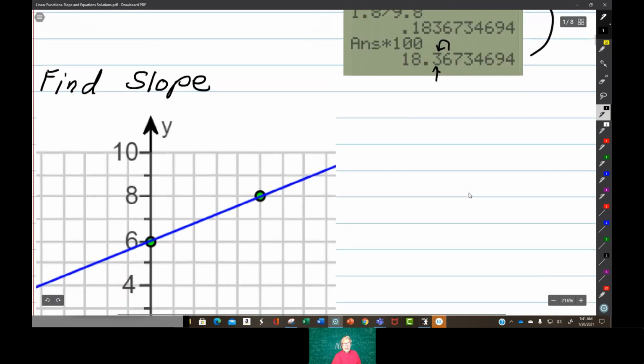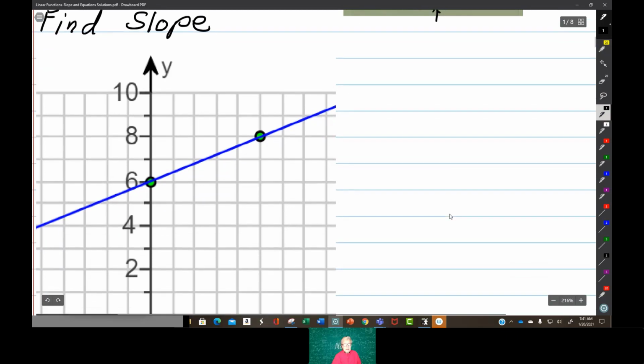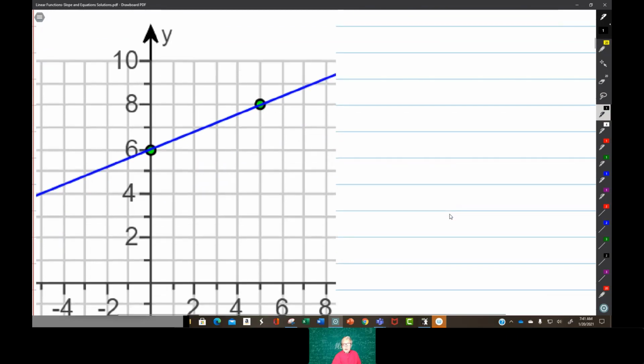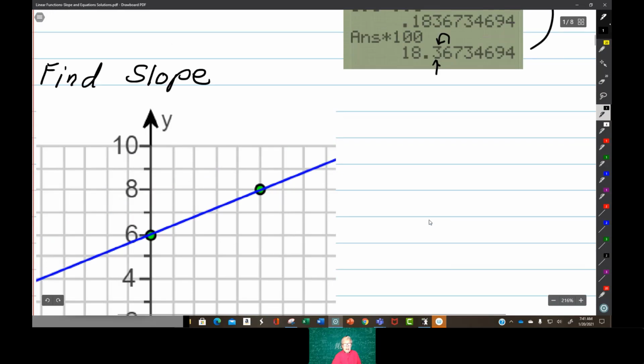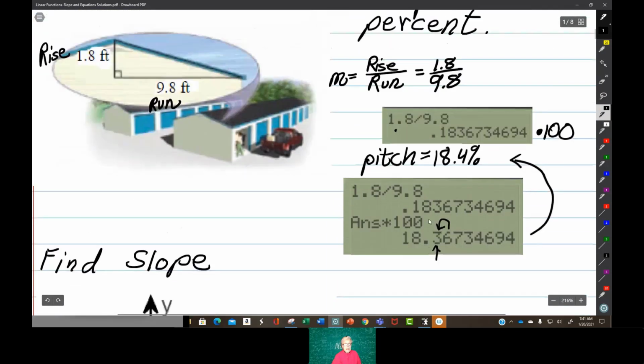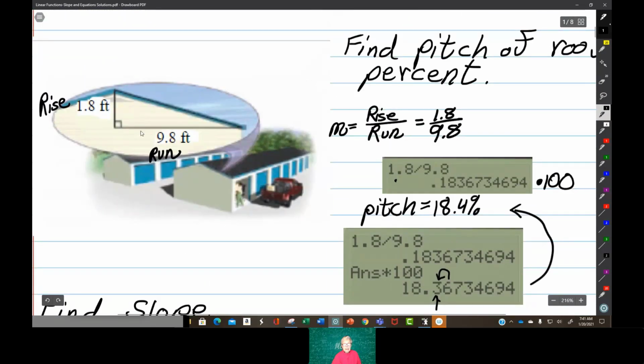Okay, now we are going to actually find the slope of a line by looking at a graph. We don't have the equation, instead we have the graph. But we're going to do what we did here, and that's take the rise over the run.